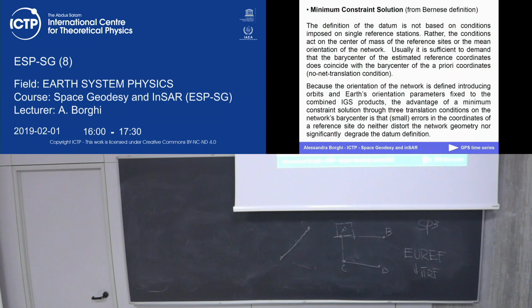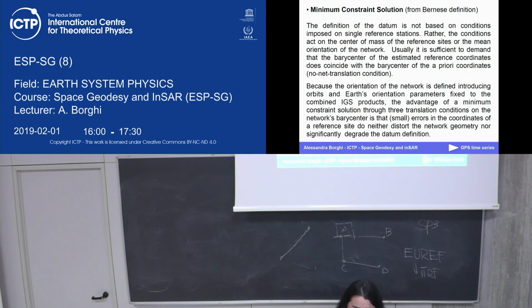Excuse me, yes. I don't understand very well the difference between GAMIT and... In GAMIT, you don't fix the orbit, so your network could be really rotated, translated, scaled, and you don't fix any parameter.